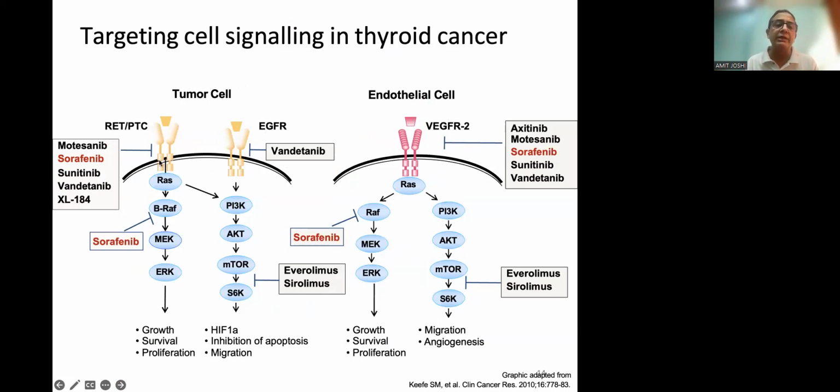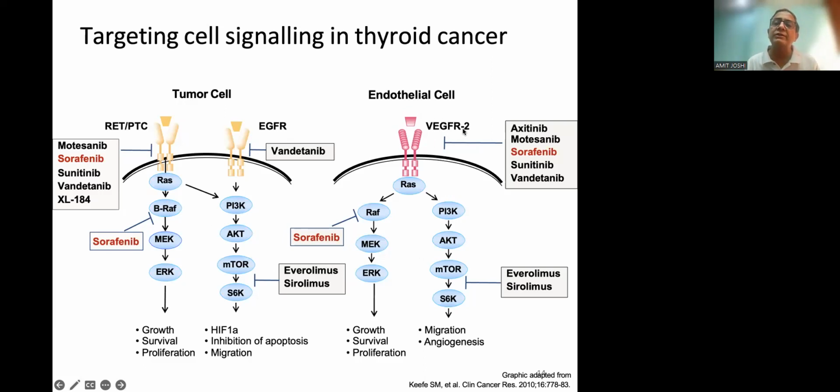This is the cell membrane and these are the receptors located on it. When the tumor becomes refractory, these pathways take the signal from external stimuli and transmit it by various mechanisms, which ultimately leads to tumor cell proliferation. If we block this pathway, the inside signaling will be blocked and the tumor cell will also get killed in due course of time.